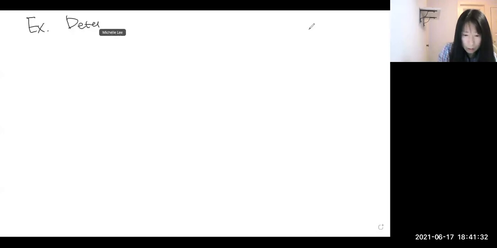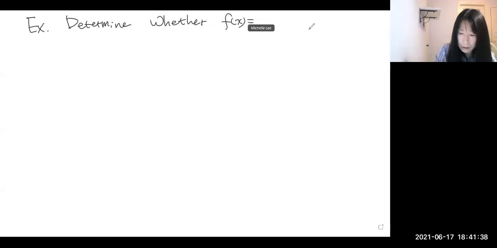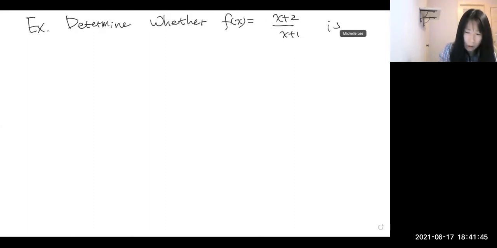Determine whether the function (x + 2)/(x + 1) is continuous at x = -1.